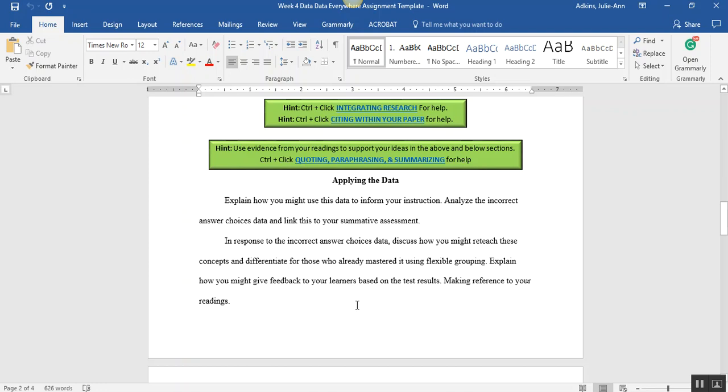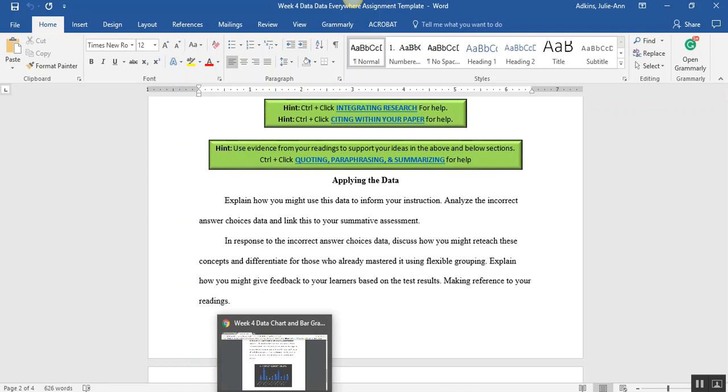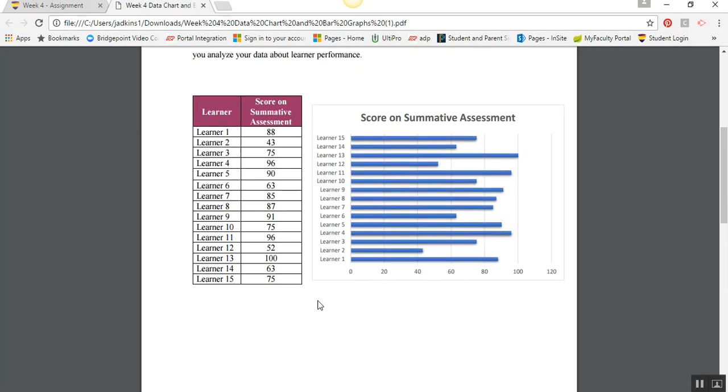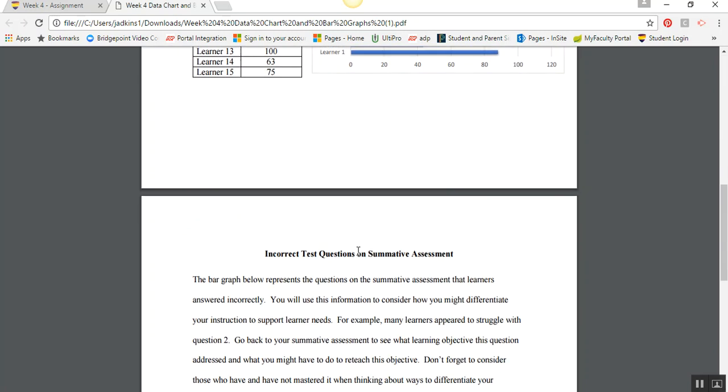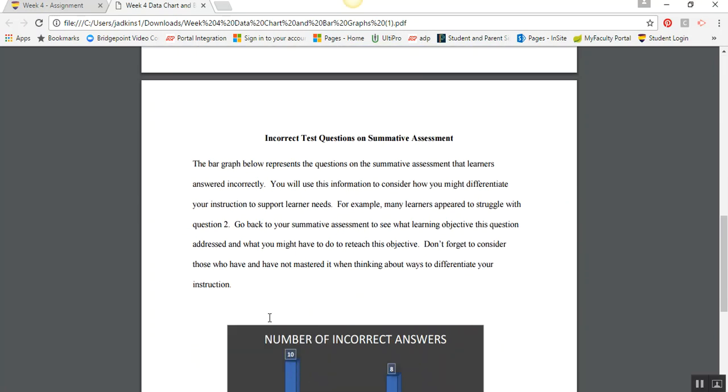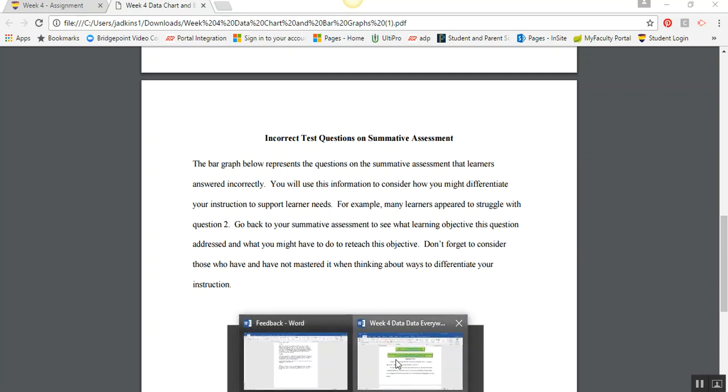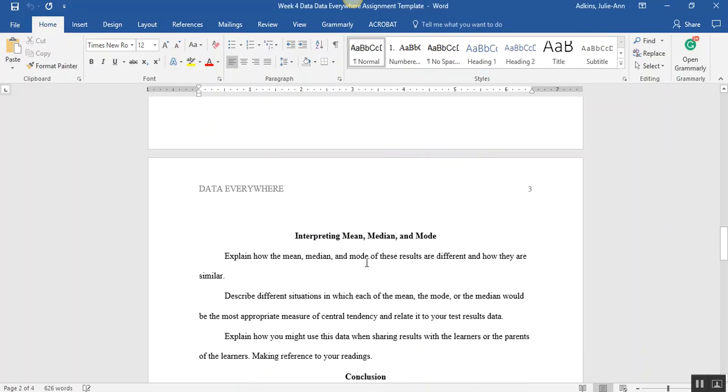You might discuss how you might reteach the concepts for the questions that students got wrong, and how you might differentiate. If I go back to the chart, I see that learner number 2 and learner number 12 seem to struggle a bit. So you might differentiate by pulling them out one-on-one or in a small group. That's where flexible grouping comes into play. So that is what you're going to do under this section in terms of applying the data.